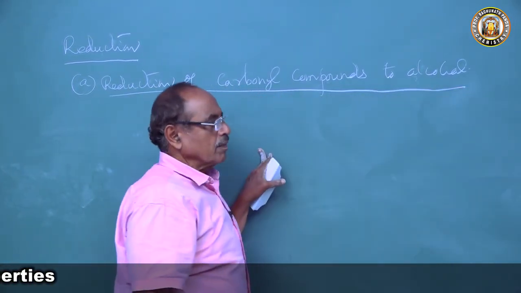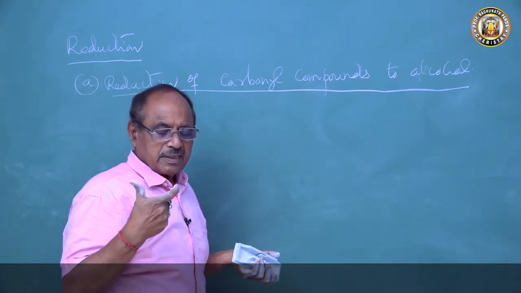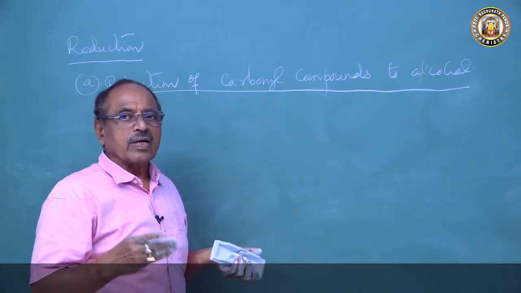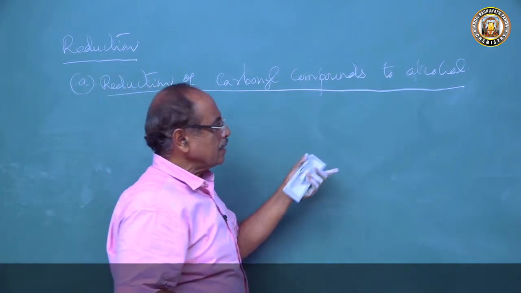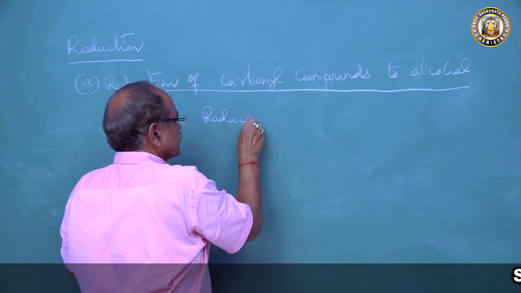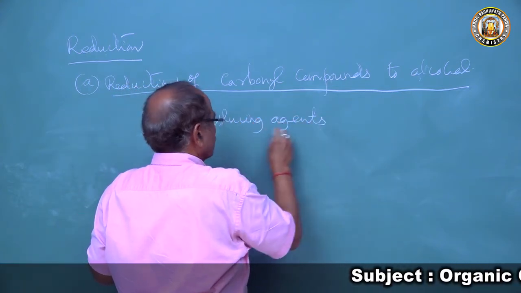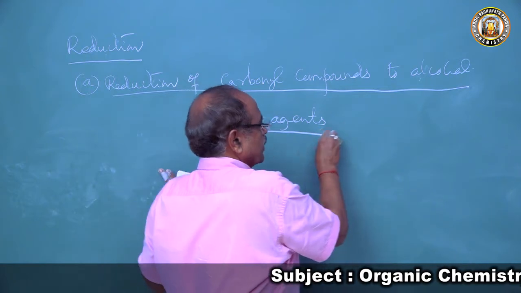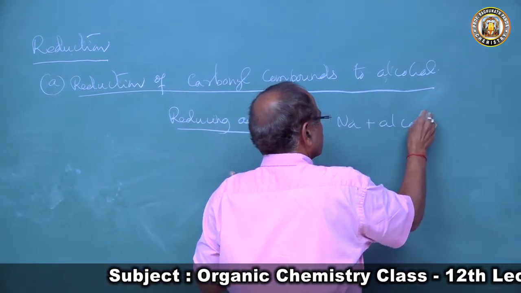When a carbonyl compound is reduced by any one of such reducing agents, what are the reducing agents taken?